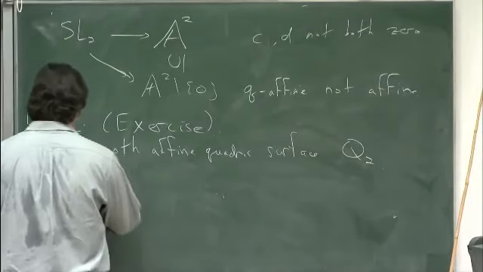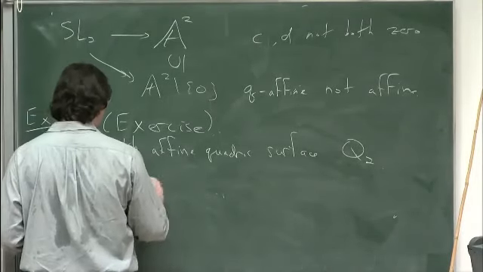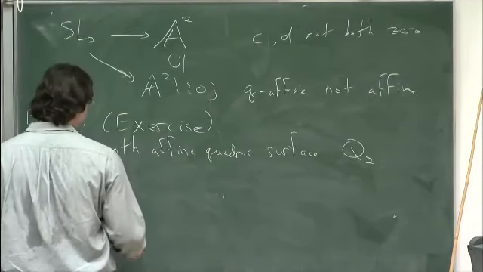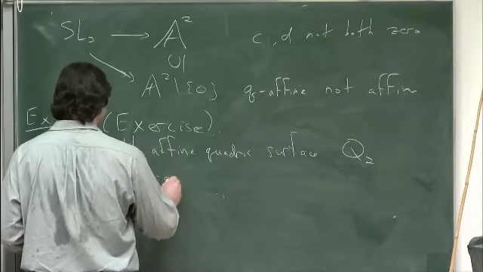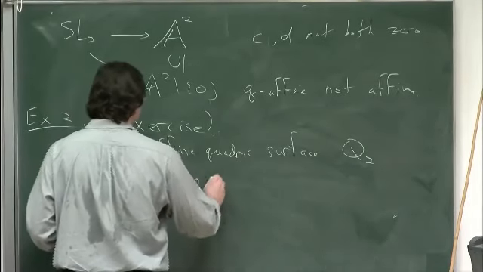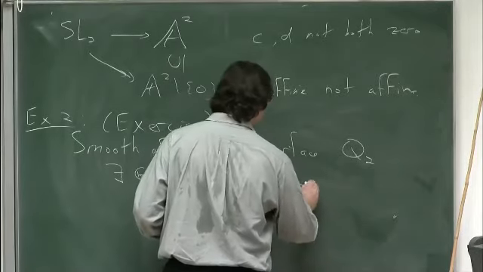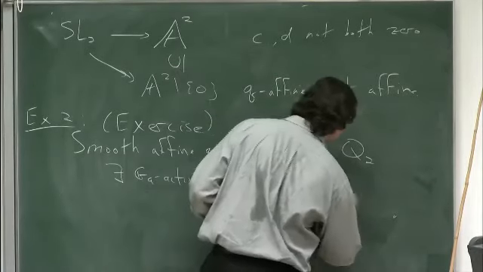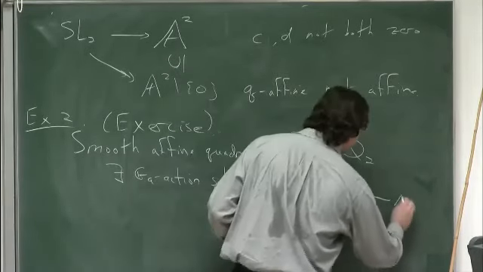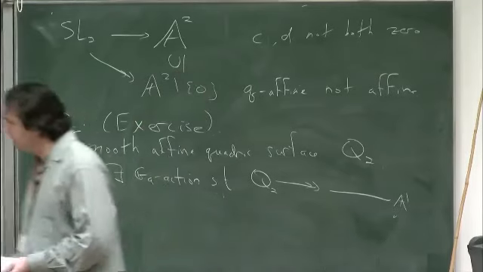Then there exists a nice map with fibers that are A1, in fact a G_a action, such that Q2 maps surjectively down to an affine line with a doubled point.